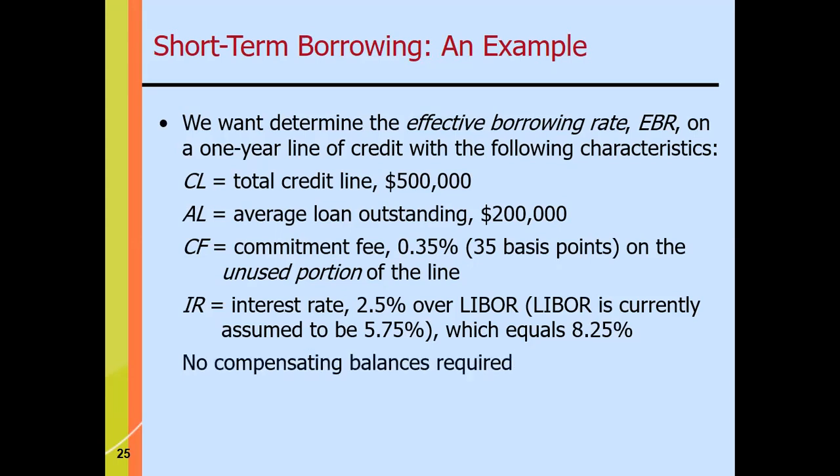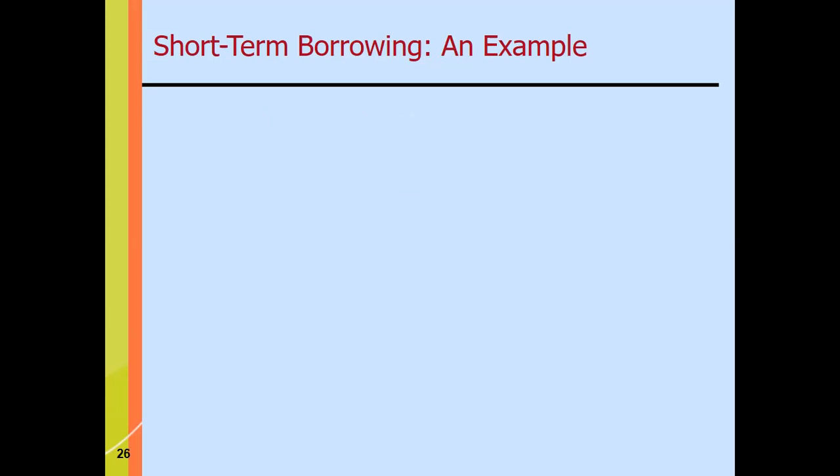Then no compensating balances are actually required. Since whatever interest that we earn from compensating balance would also be deducted from the formula, not added. So interest plus the charges of commitment fee, but minus the interest on compensating balance. And then year basis is 365 days.